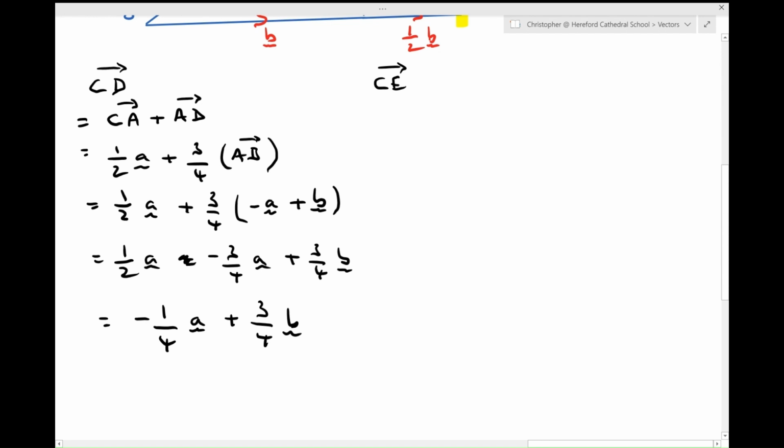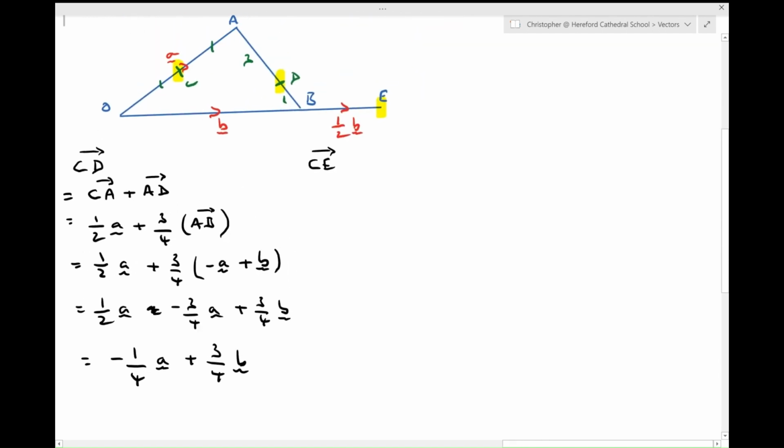Okay. Right, now let's have a look at CE. If I was going from C to E, I would go C to A, plus A to B, and then go from B to E. Well, C to A is a half of a.